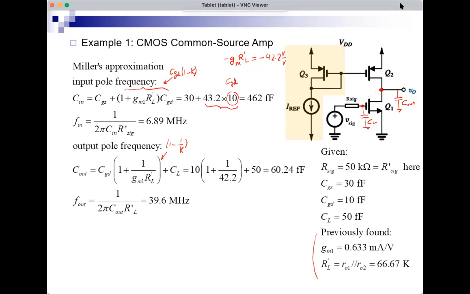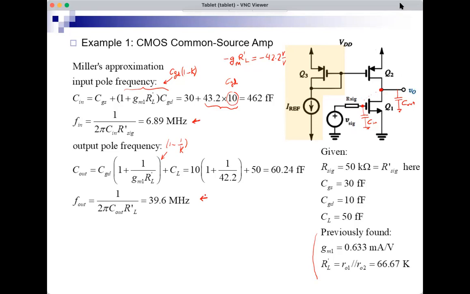So this is the frequency at the input, and this is the frequency at the output. So after we applied the Miller approximation, I get a transfer function with 2 poles and no zeros. And these are the 2 pole frequencies. So one is around 7 and the other is around 40.